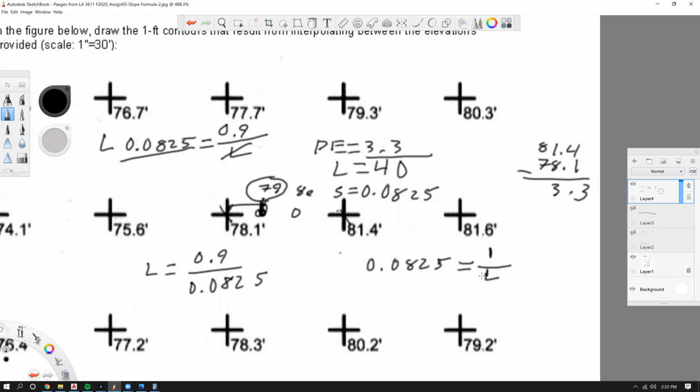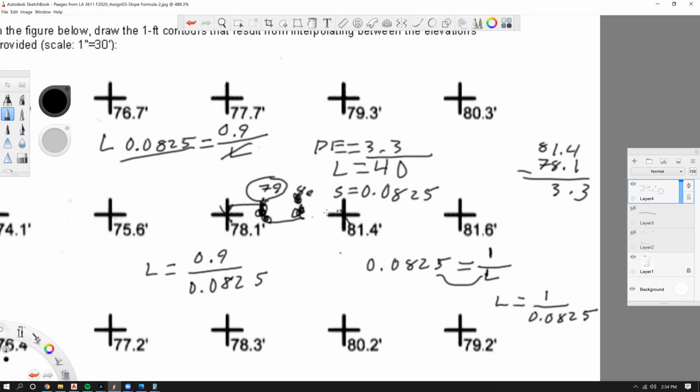So all we're going to do is switch L with the slope. L equals 1 over 0.0825, which is 1 divided by 0.0825, 12. So take your scale ruler, measure from that 79 point 12 feet over, and that'll give you your 80 point.